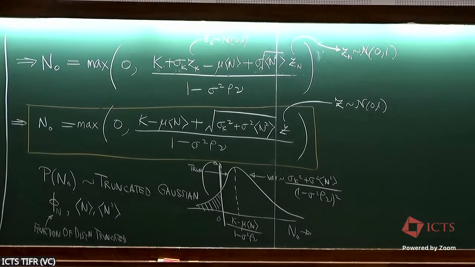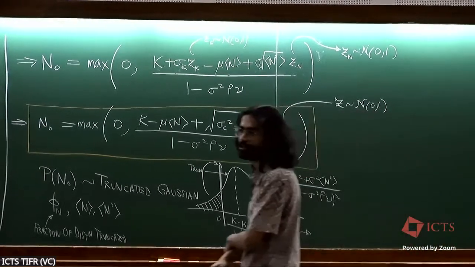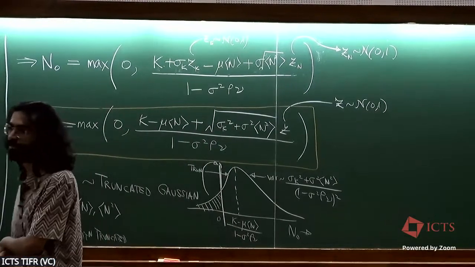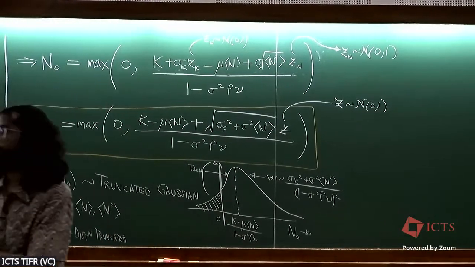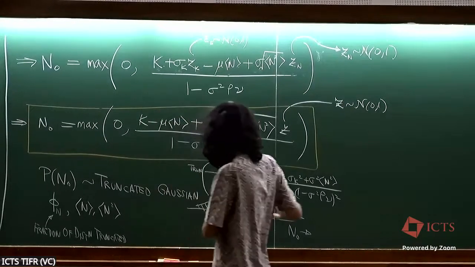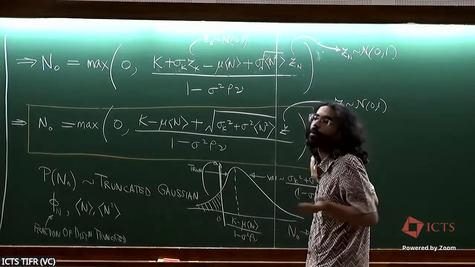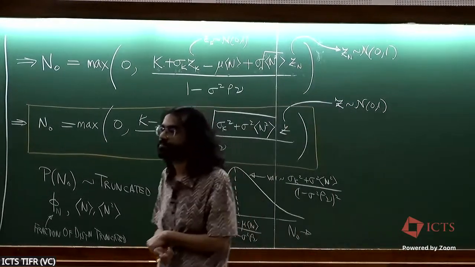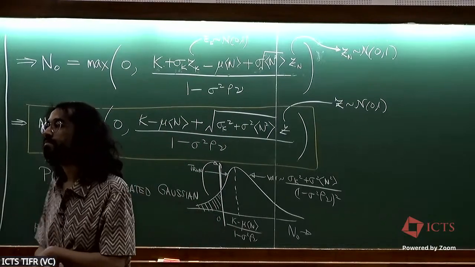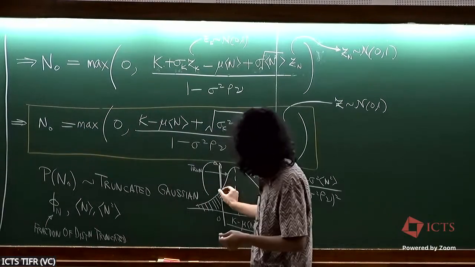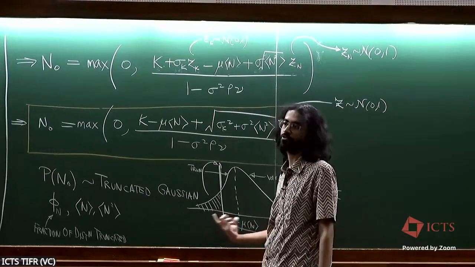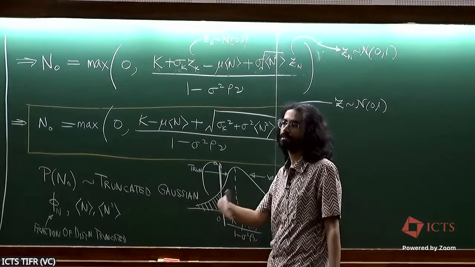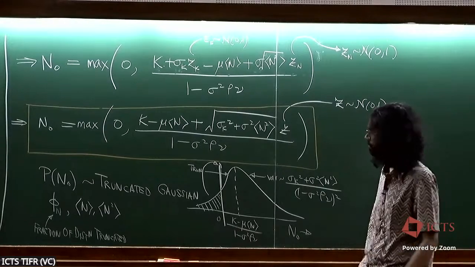Any questions about this? Yeah, exactly. So you'll just normalize it with respect to the surviving part, so that the 0th moment is still 1. The diversity will be 1 minus whatever fraction of this mass you truncated.